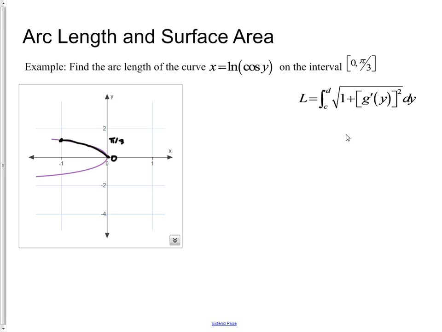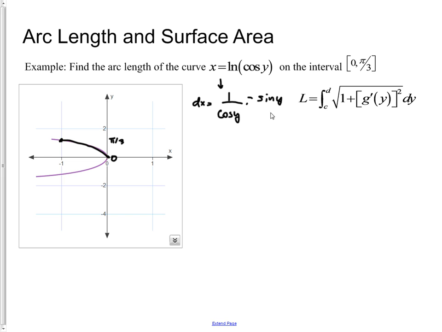Well, of course, we're going to have to take a derivative. So let's see. We've got x as a function of y, so we need dx/dy. So dx is going to be the derivative. Let's see, it's 1 over the cosine of y due to our natural log, times the derivative of cosine of y, which is negative sine of y.